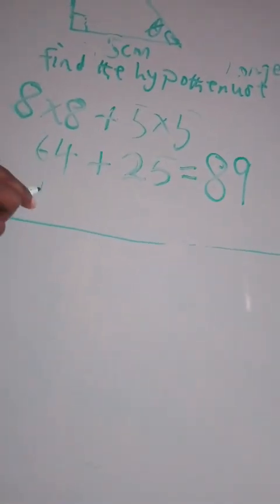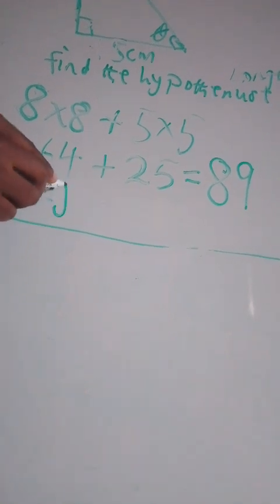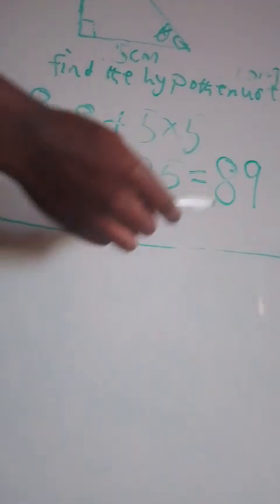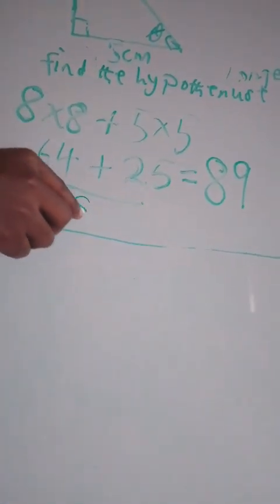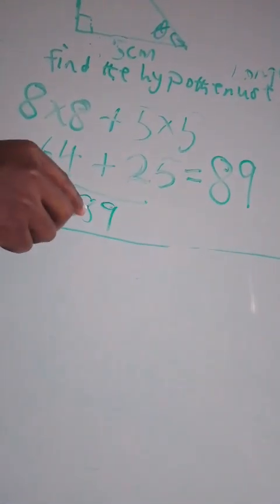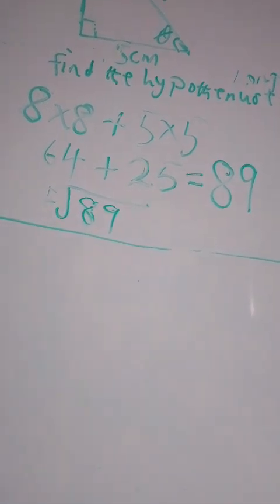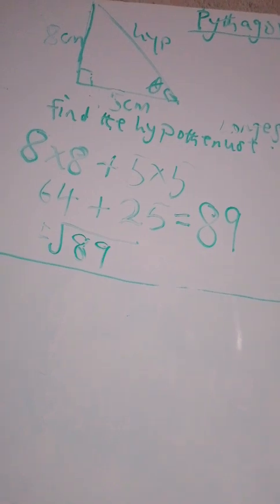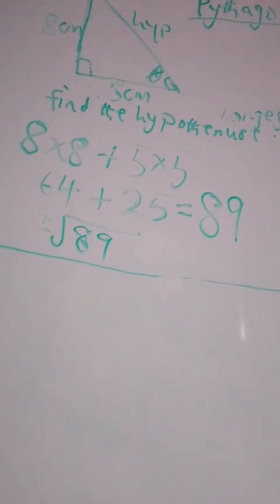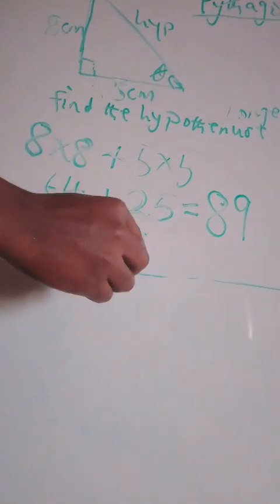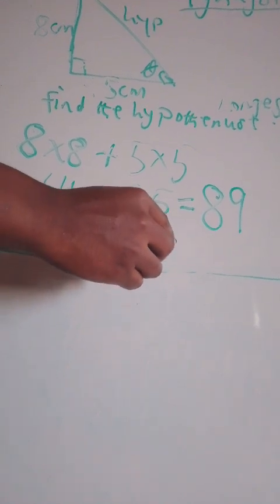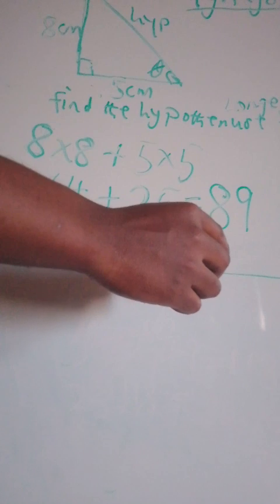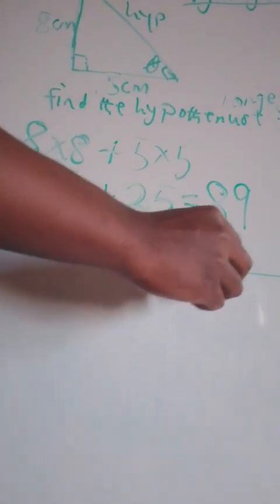So we come to this place now, and this is the symbol of square root. You can see it on your calculator. Here we write 89. Go to your calculator and check what the square root of 89 is. Square root of 89 equals 9.43 cm.